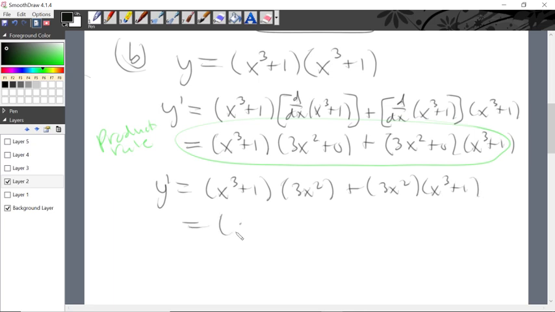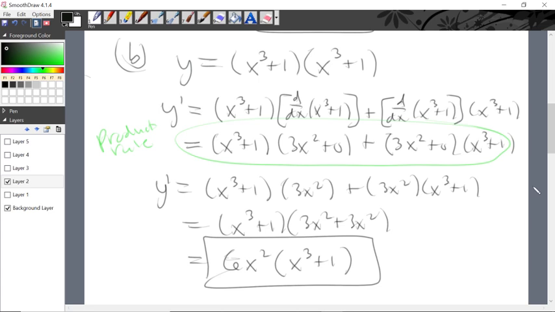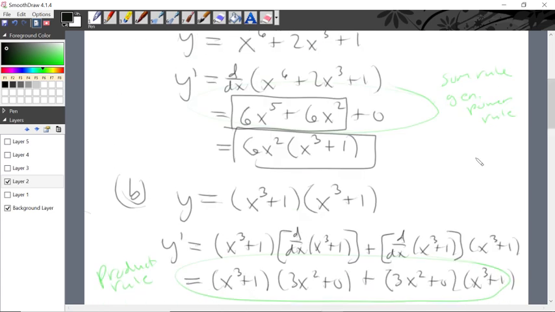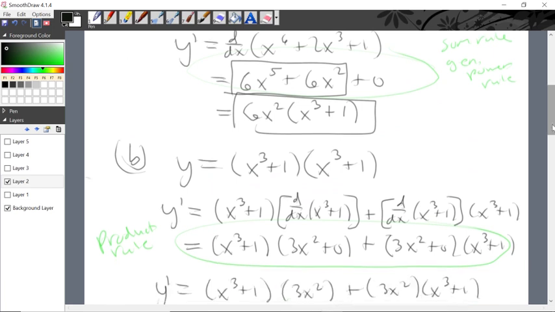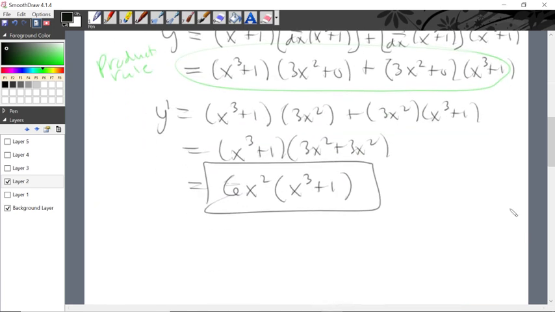We can factor out x cubed plus 1, and that's going to leave us with 3x squared plus 3x squared. In other words, we can write this as 6x squared times (x cubed plus 1). And that does match exactly with one of our answers up here, 6x squared times (x cubed plus 1).